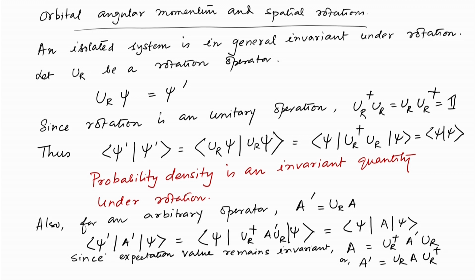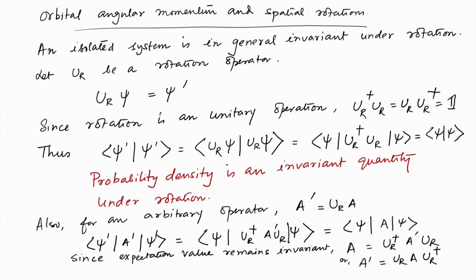So, if I take the expectation value of A prime between the rotated states, I have written psi prime to be equal to U_R psi. Since these are the same, the operator A is equal to U_R dagger A prime U_R, or the rotated operator A prime becomes U_R A U_R dagger, where U_R is the rotation operator. So, this is how formally rotation is done on a system.